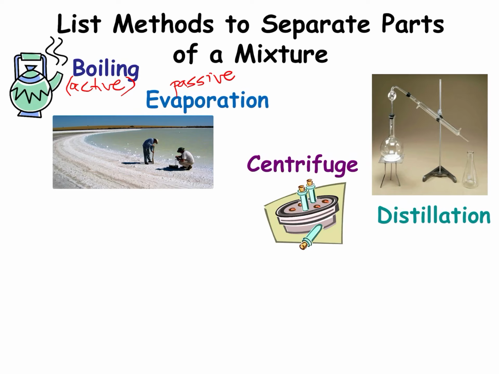Distillation. Okay, so this is a small lab setup, but this can be done on a large scale. So in this first beaker, or the round bottom flask, you'd have a mixture, and it would be over a heat source. And so whatever's in here is going to get boiled. So you're going to have gases going up. And as they go up, they're getting further and further away from the actual flame.